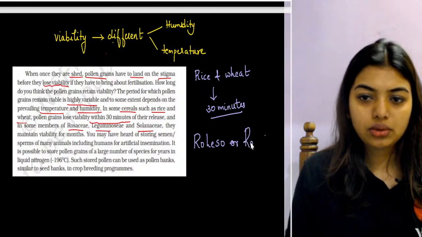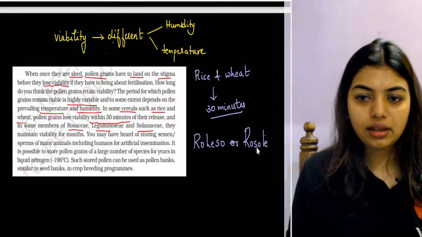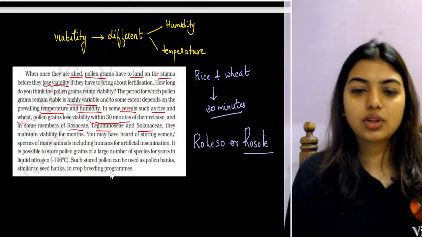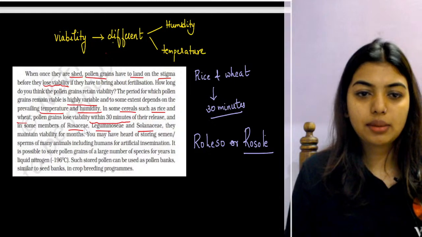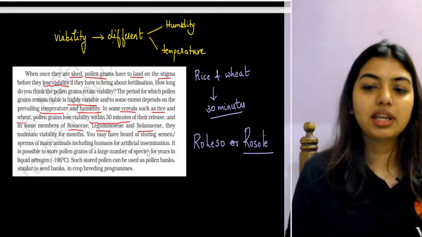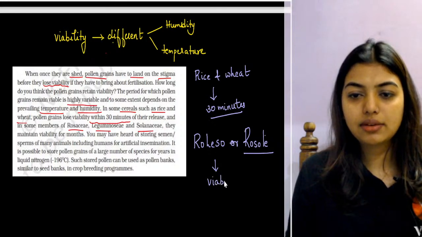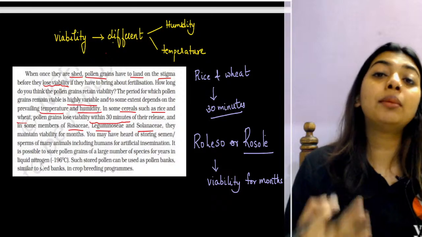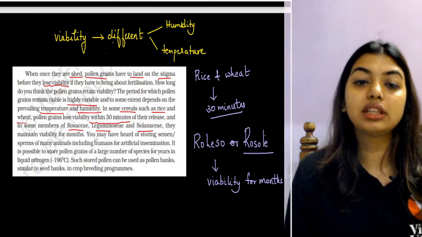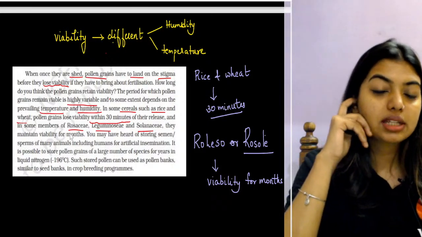You can remember it like this also: Rosole, that is your Rosaceae family, Leguminaceae family, Solanaceae family. They can maintain viability for months. For longer months they'll be able to, but rice and wheat within 30 minutes.